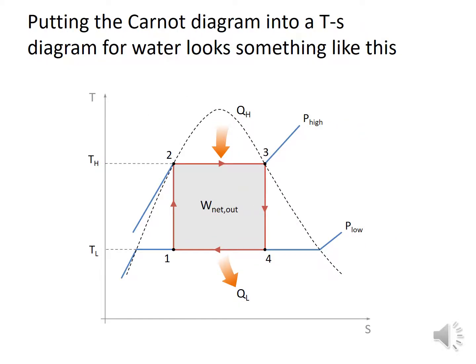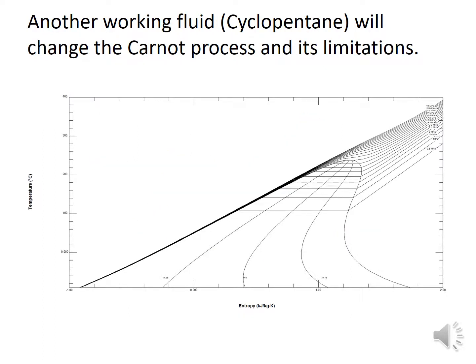And if we put this in a TS diagram, again we see that we have been limited by this saturation bell, or bell-shaped saturation curve basically. In this case, cyclopentane. This will change the Carnot process and its limitations.